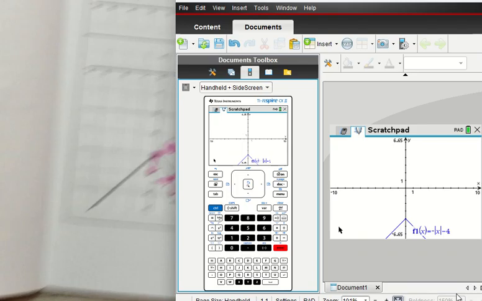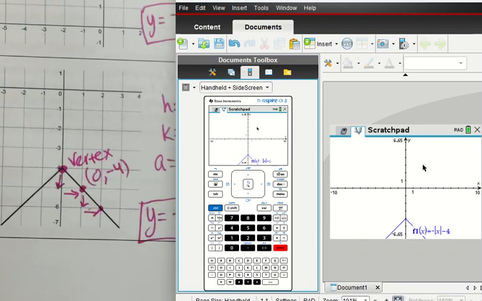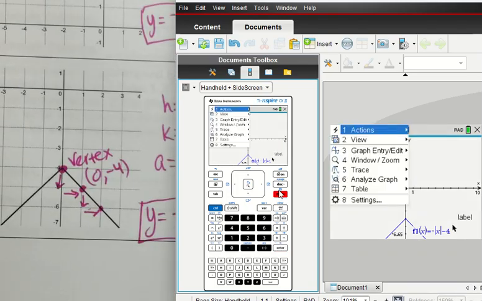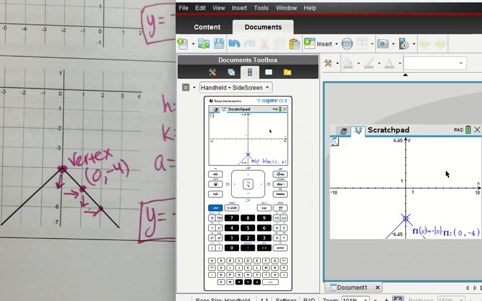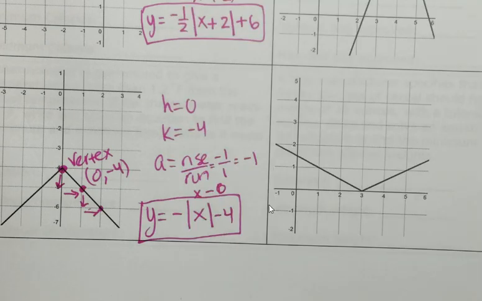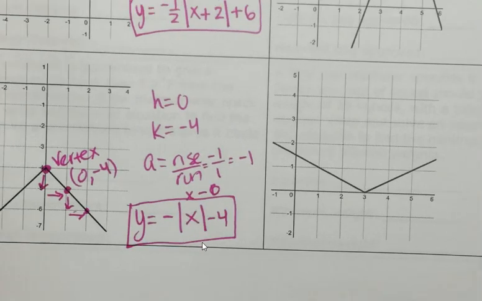This graph confirms the sketch that we have here. We're just going to trace. Negative 4 is there. And then if I put 1, enter, it gives me 1, negative 5. 2, enter, and it's 2, negative 6. So this confirms that this equation is the correct equation for this graph.